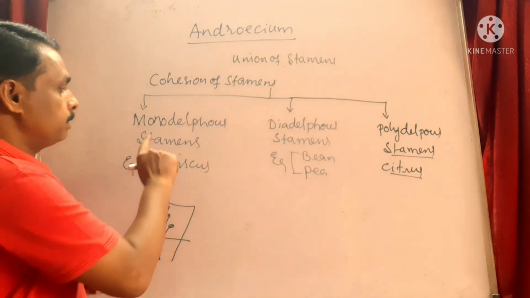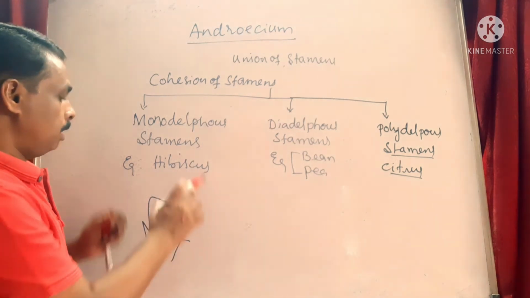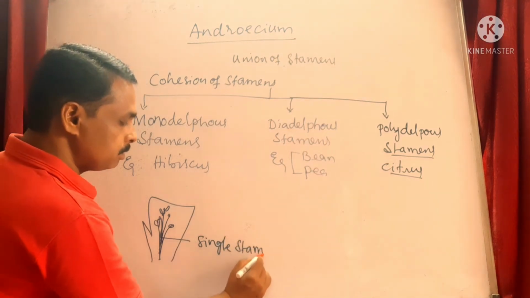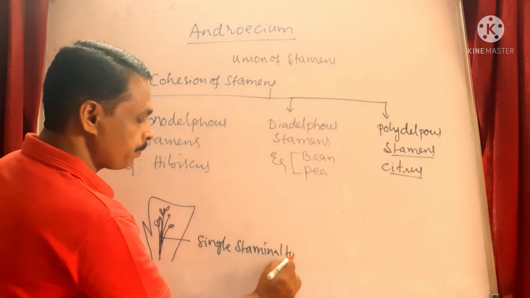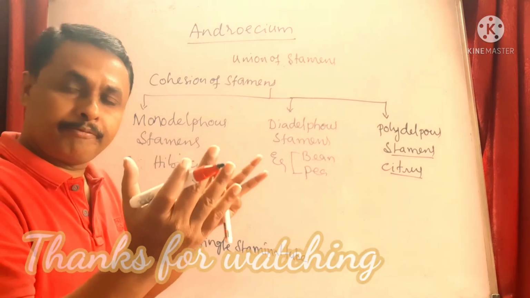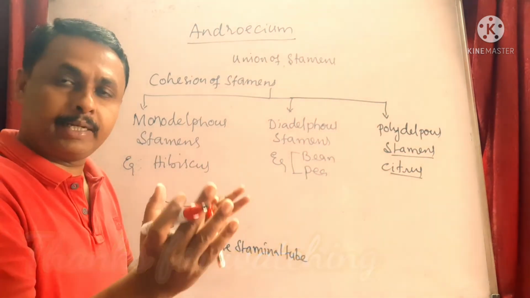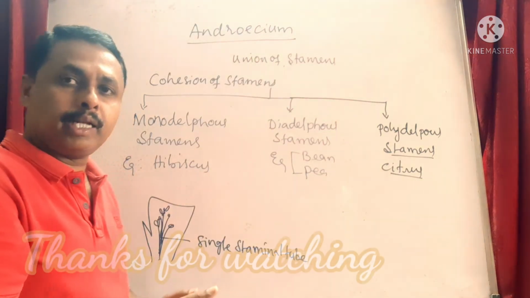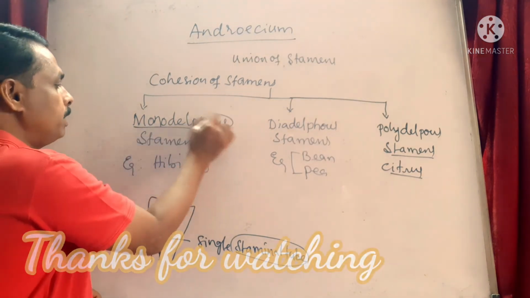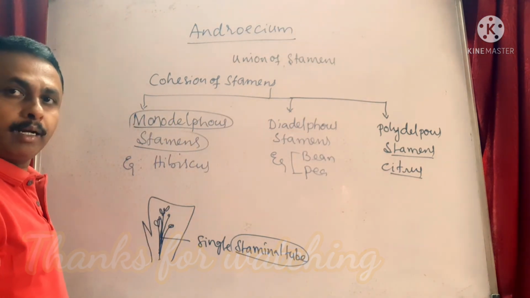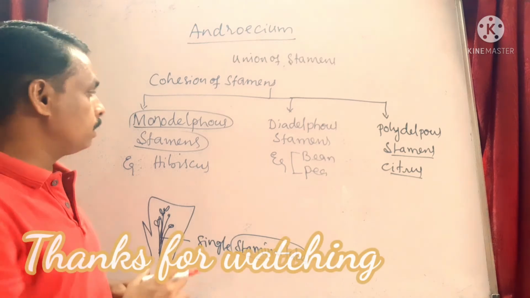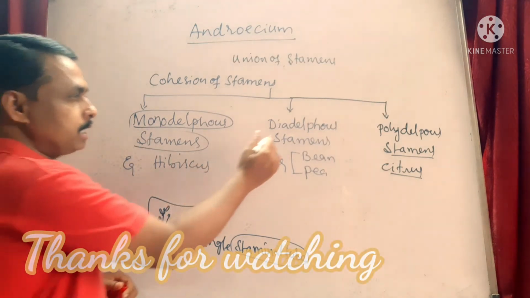So this is the filament. The anthers remain separated, but all the filaments unite together and form a single staminal tube. That's why it is called monodelphous stamens. Mono means single. The next one is diadelphous.